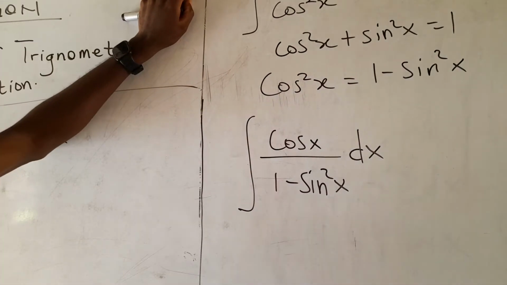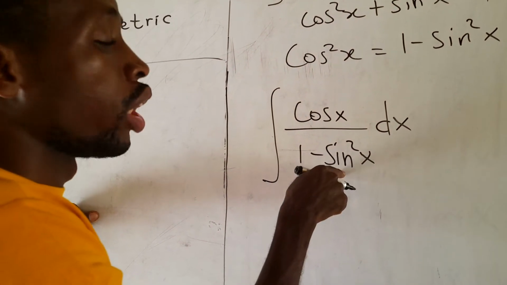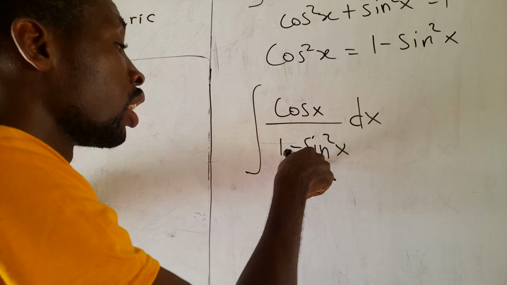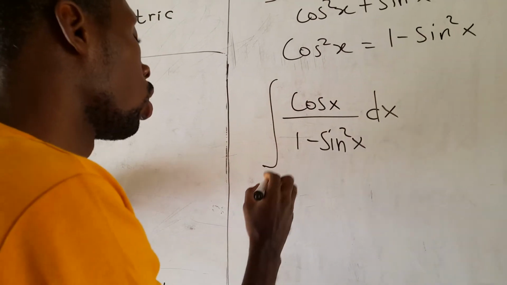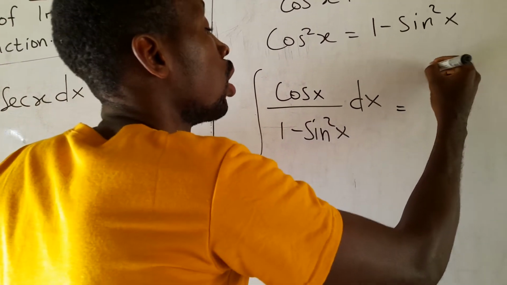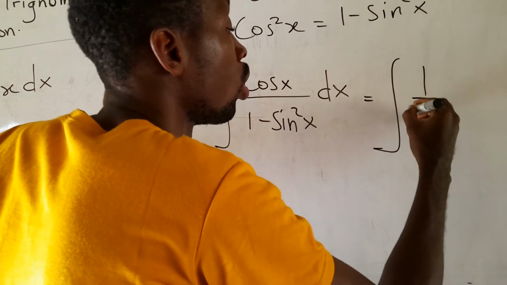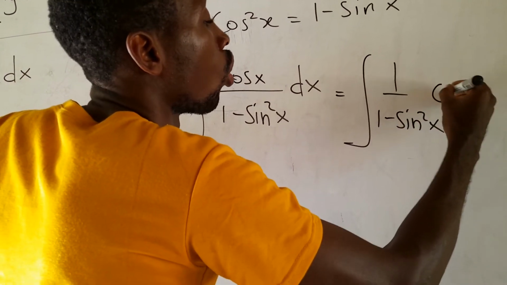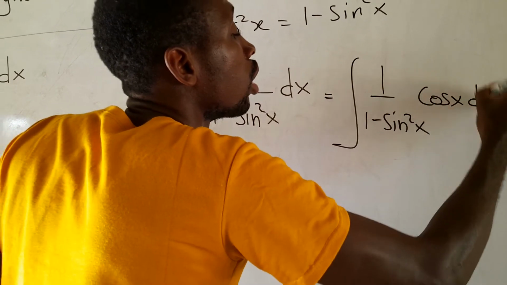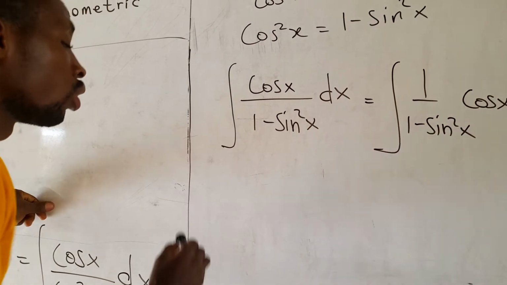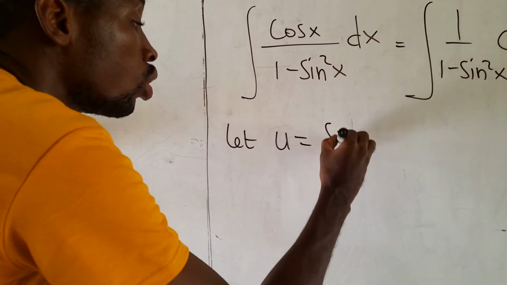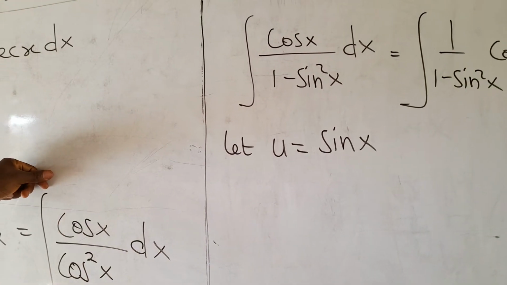I hope you get that. What's the next thing? I will let u be equal to sin x, because if I differentiate sin x, I'll get cos x. So I'll rewrite this as the integral of 1 over 1 minus sine square x, then cos x dx. So I'll let u be equal to sin x.